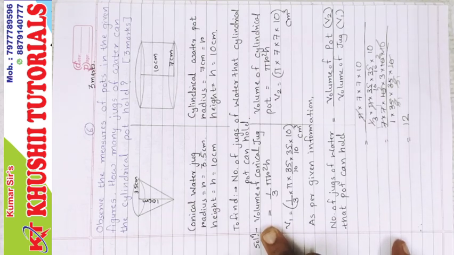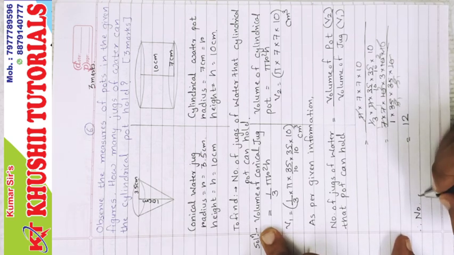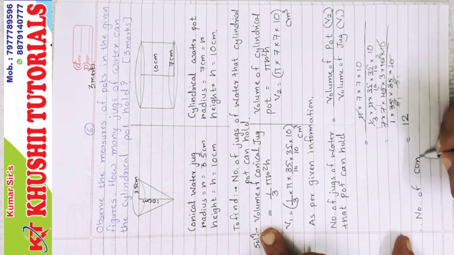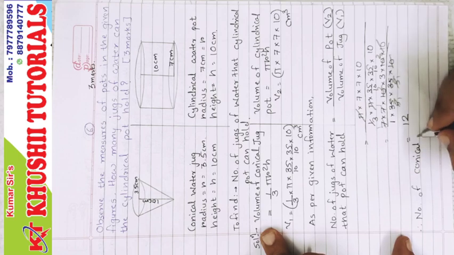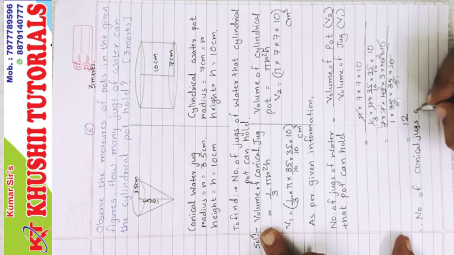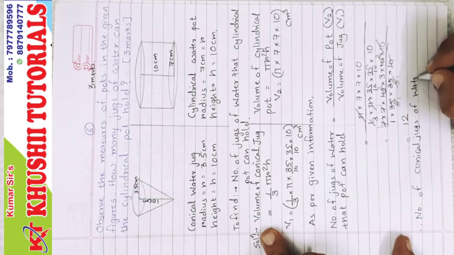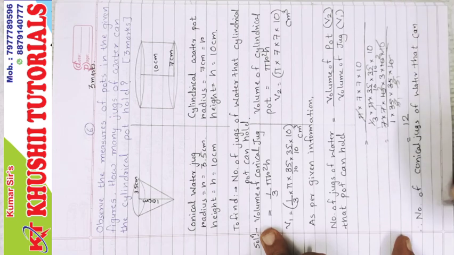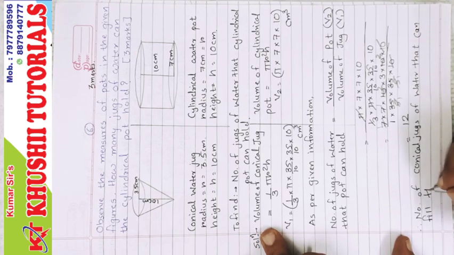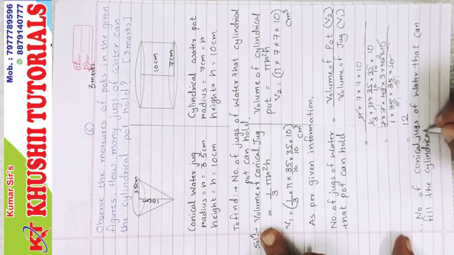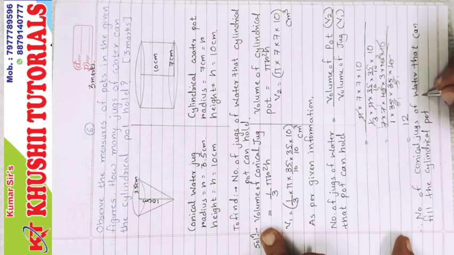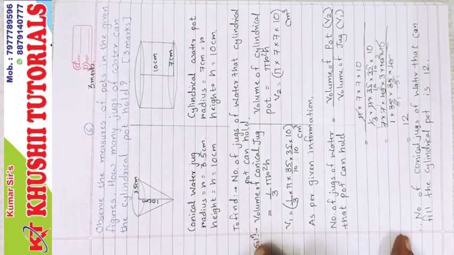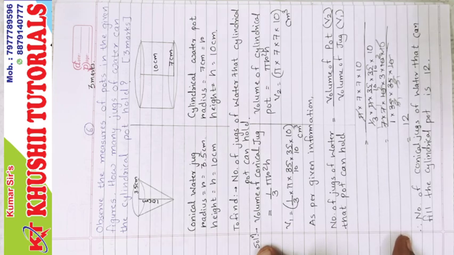Therefore, the number of conical jugs of water that can fill the cylindrical pot is 12. And this is the end of sum number 6.